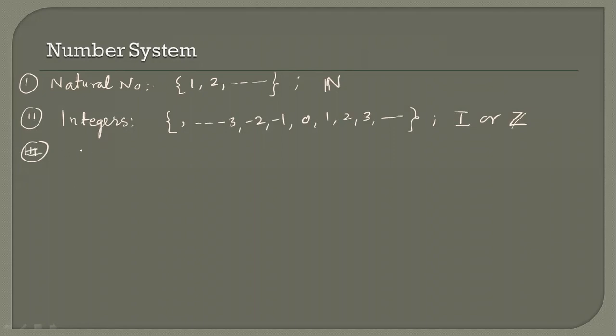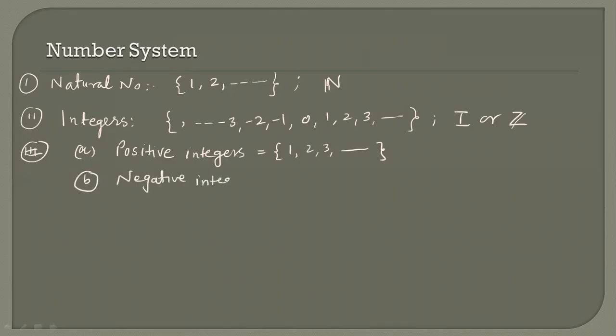And then integers, there are three types of classification. First is positive integers. We are considering the set as 1, 2, 3 and so on. Second is negative integers, like minus and so on, -3, -2, -1.